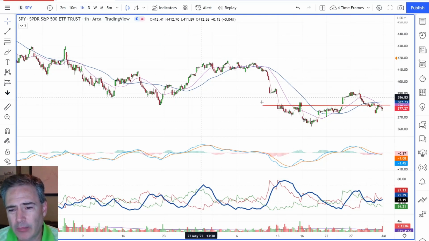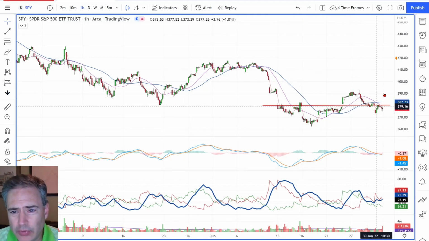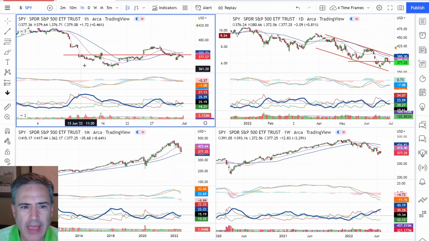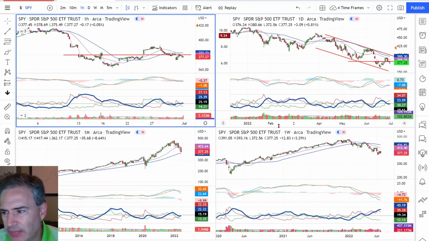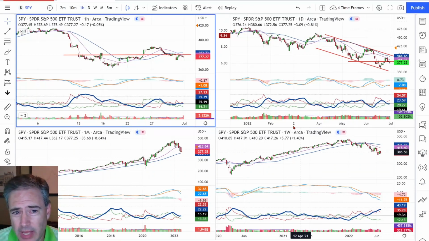And that's kind of what I'm waiting for. Now, if we can get through the 18-day and then come back and hold that, that would be kind of like the next level up. And then I don't necessarily have to worry about 3,800, but we don't have that yet. There's small signs of improvement, but nothing that we can feel all that great about yet. Okay, stay tuned. I think we're getting closer.